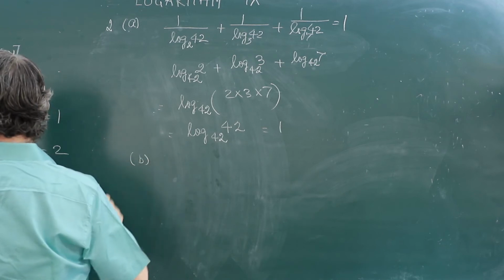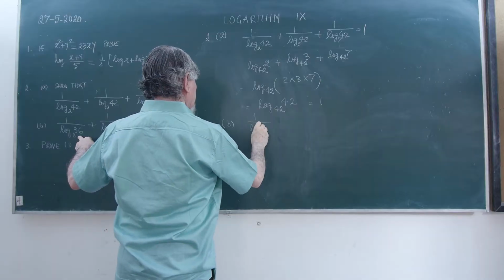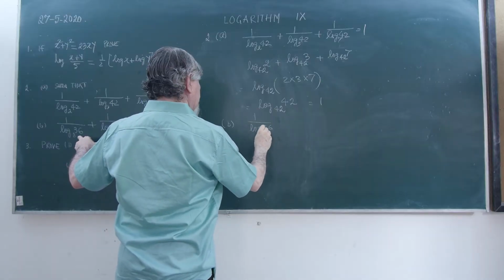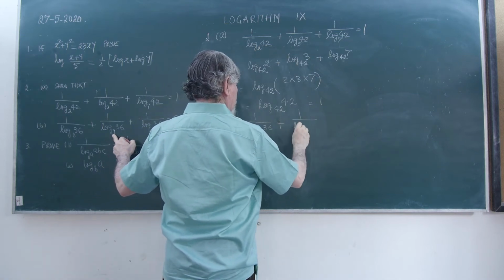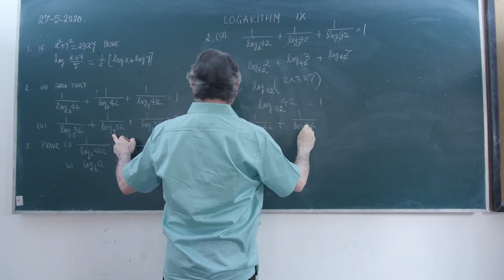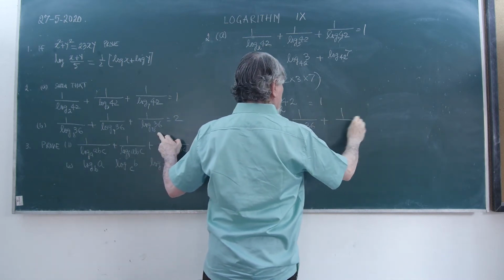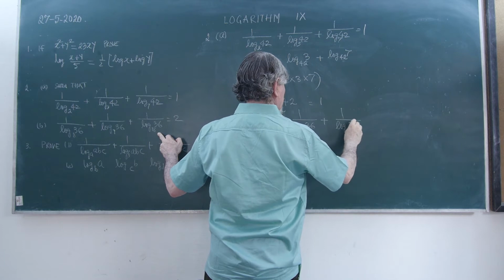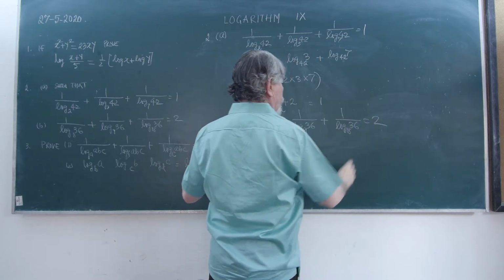In the B part, I have 1 upon log 36 to the base 8. This will be also the same way. Plus 1 upon log 36 to the base 9, plus 1 upon log 36 to the base 18 is equal to 2.